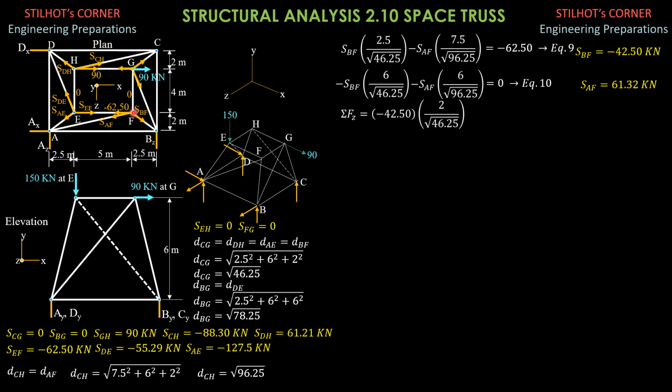SAF is also in the positive Z direction, so plus 61.32 times 2 over square root of 96.25. So checking, summation forces Z equals 0. So okay, so far our answers are correct. Then we proceed to joint C.